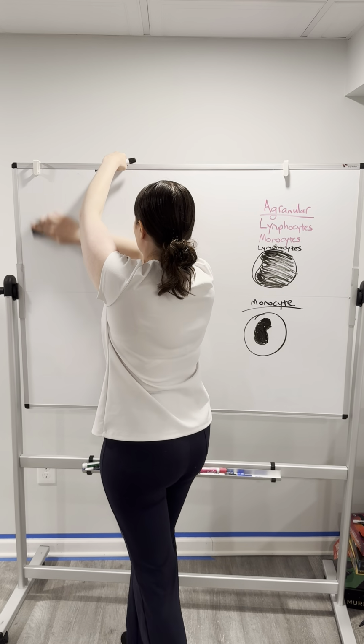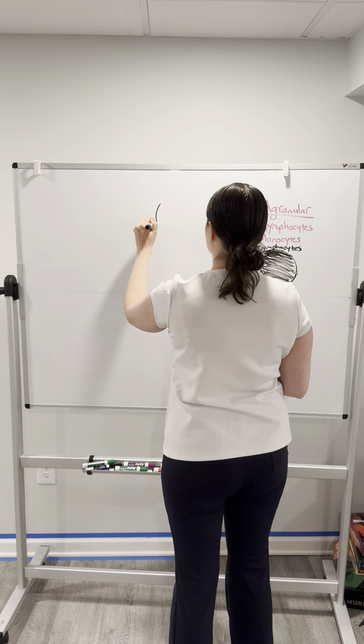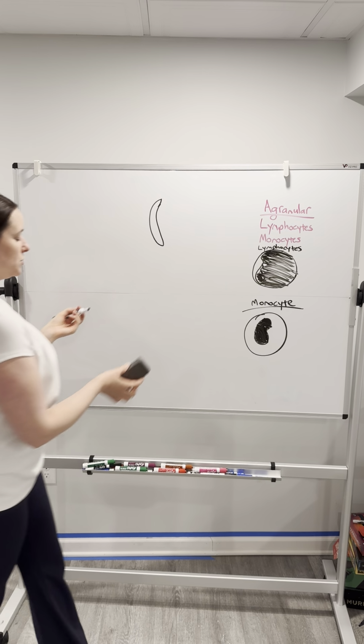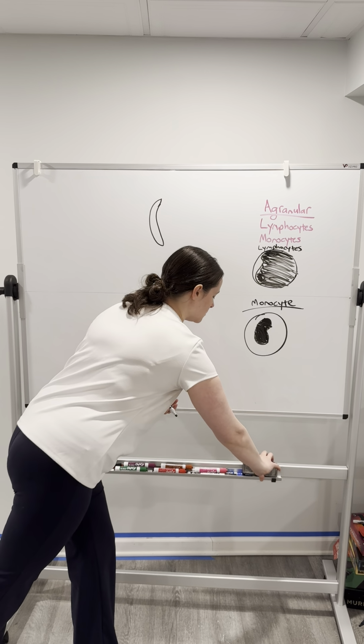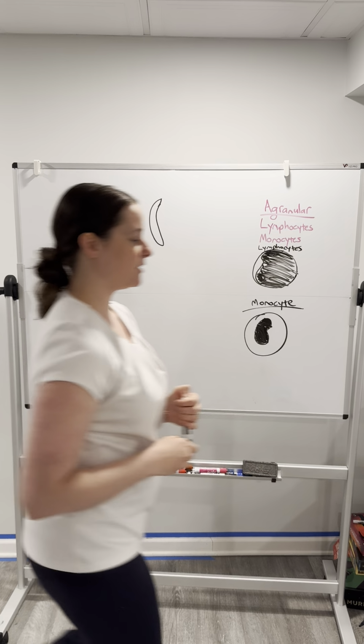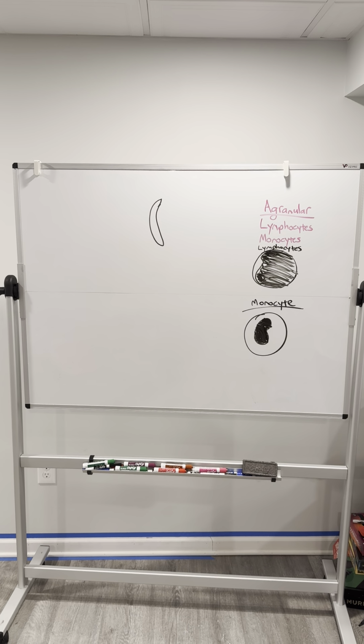Instead of their normal biconcave disc shape, they tend to stick to other red blood cells and to the walls of blood vessels, and it causes clotting. So sickle cell is a very, very dangerous, very painful disease.